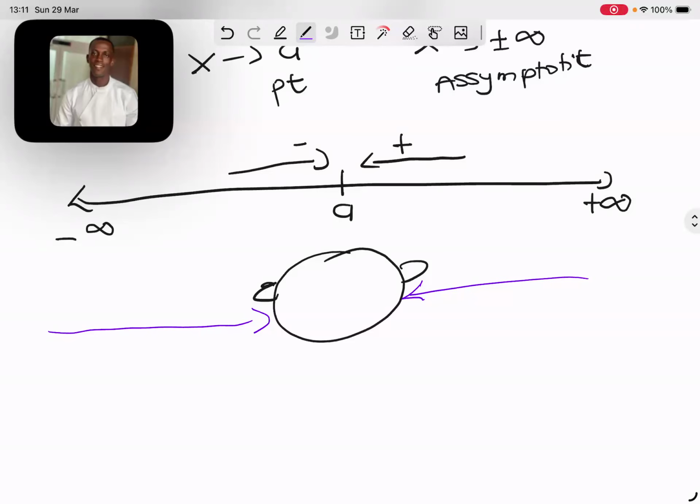If the behavior from the left is the same as the behavior from the right-hand side, then it means that whatever we are approaching is indeed the limit to our hand.